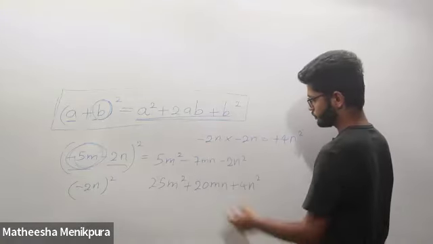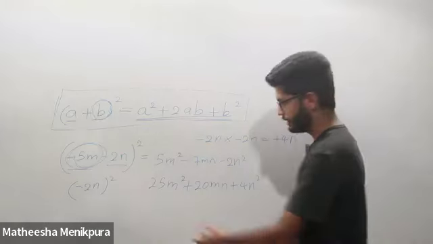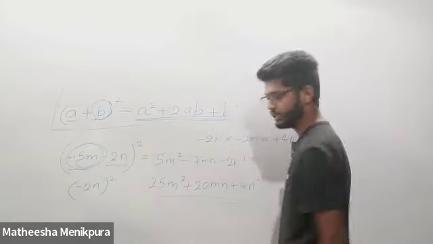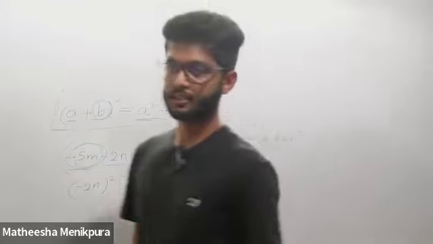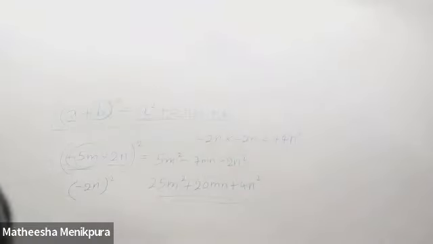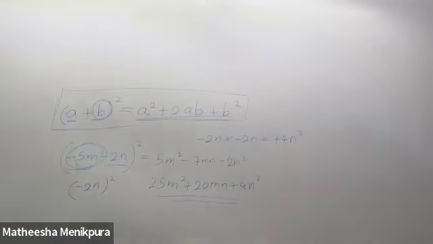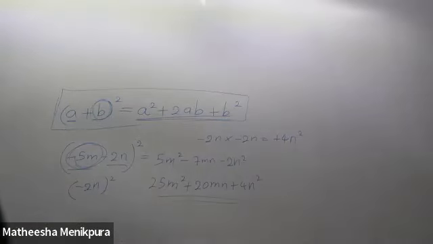So plus 4n squared. This is the final answer, and that is the correct answer. Did you get that one? Yes, sir. Okay, so that is the answer.